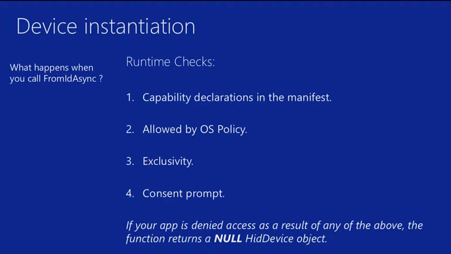We also check that the device has not been opened by an app already. In other words, we make sure that it's not been previously exclusively accessed by another app. And finally, we display the consent prompt. Now, if any of these criteria are not met, what FromIdAsync returns is a null HidDevice object. And you should be aware of that. You should be able to handle that situation.